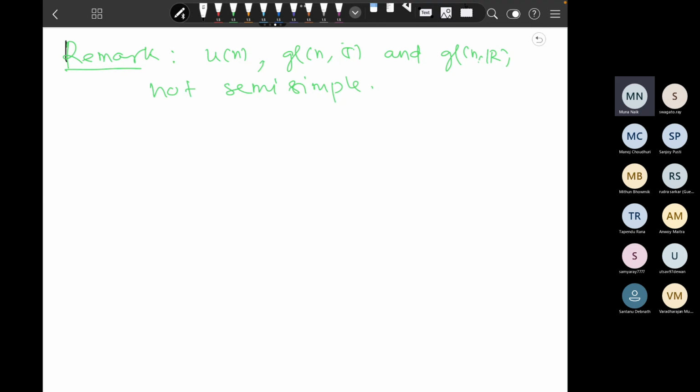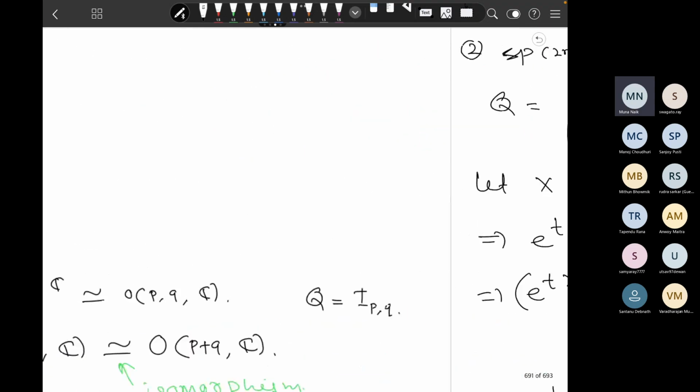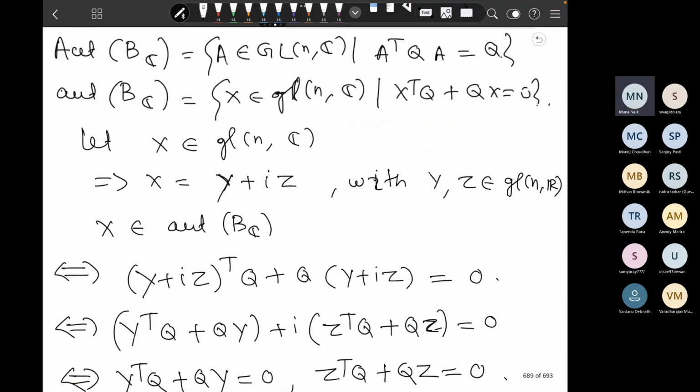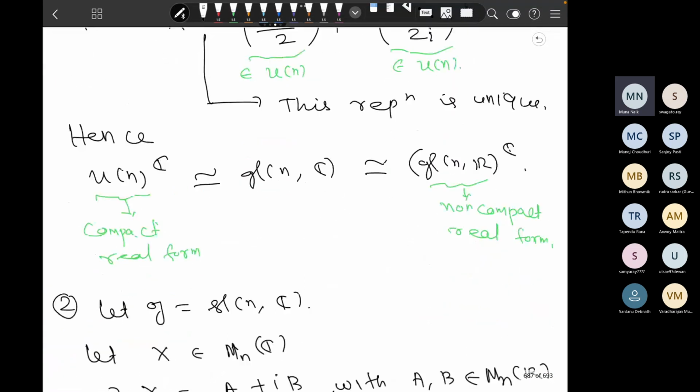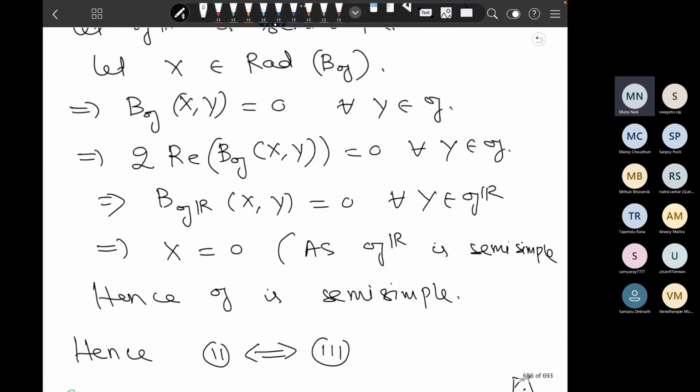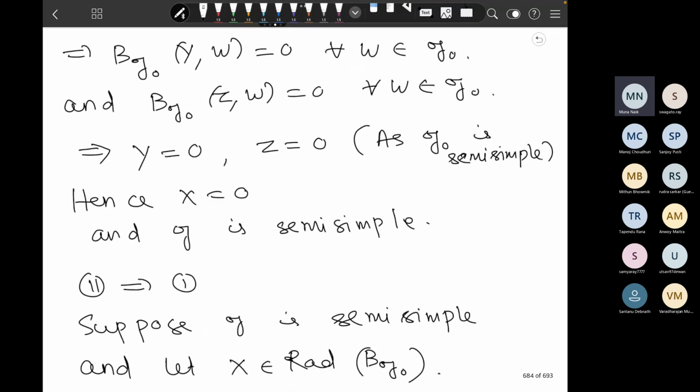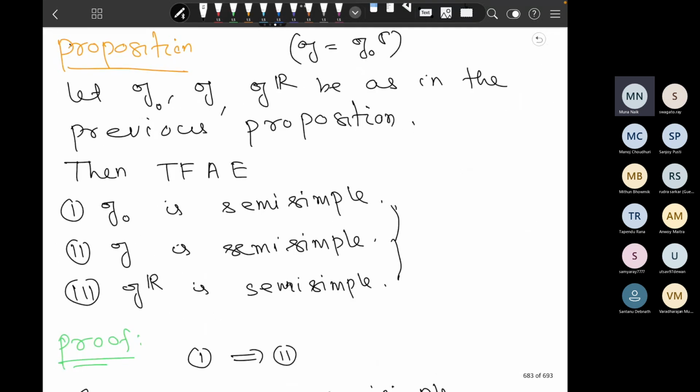Now let us write this killing form. I will use the first proposition.